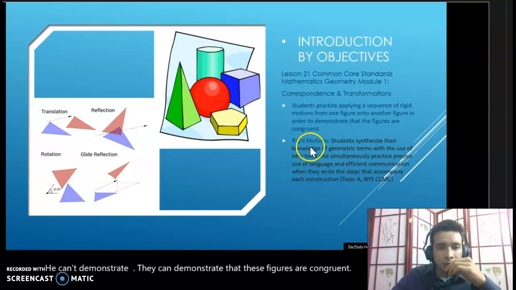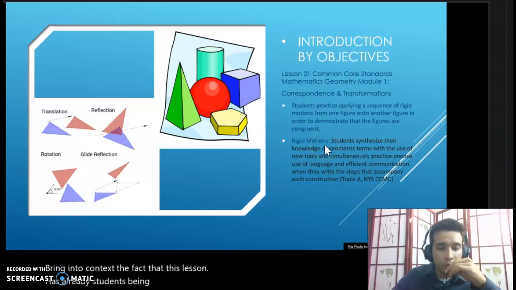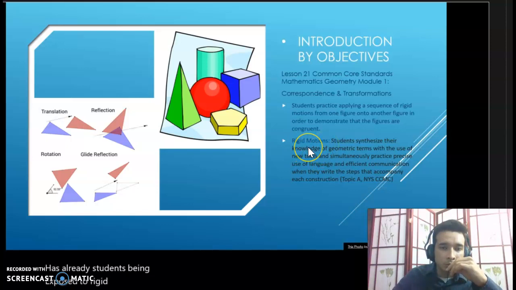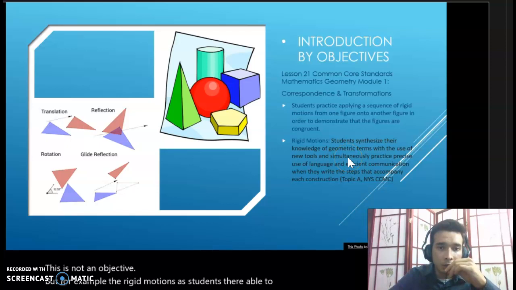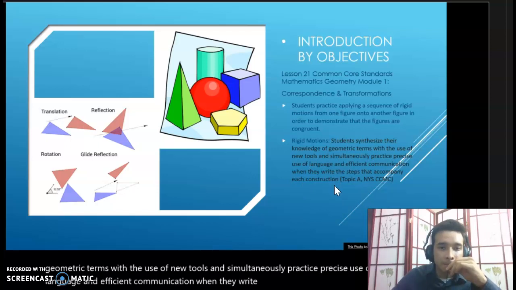I would like to also bring into context the fact that in this lesson students have already been exposed to rigid motions. This is not an objective, but the students are able to synthesize their knowledge of geometric terms with the use of new tools and simultaneously practice precise use of language and efficient communication when they write down these steps.